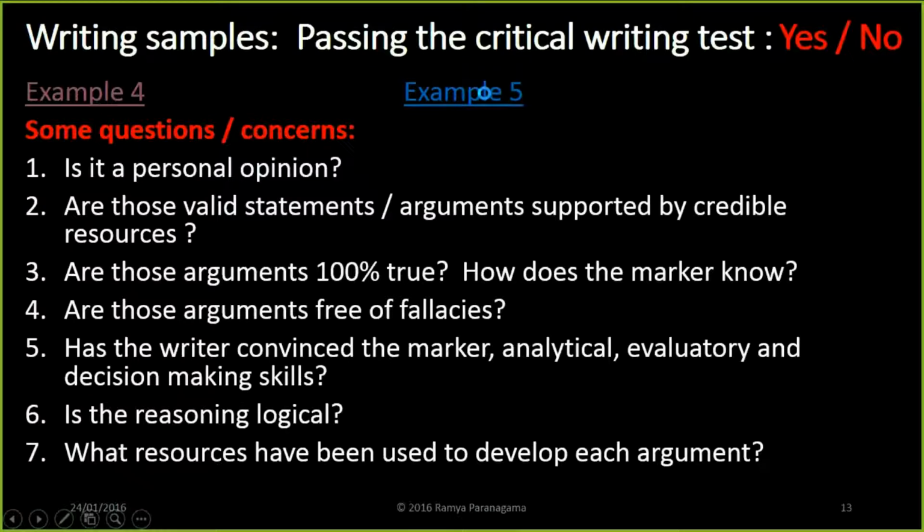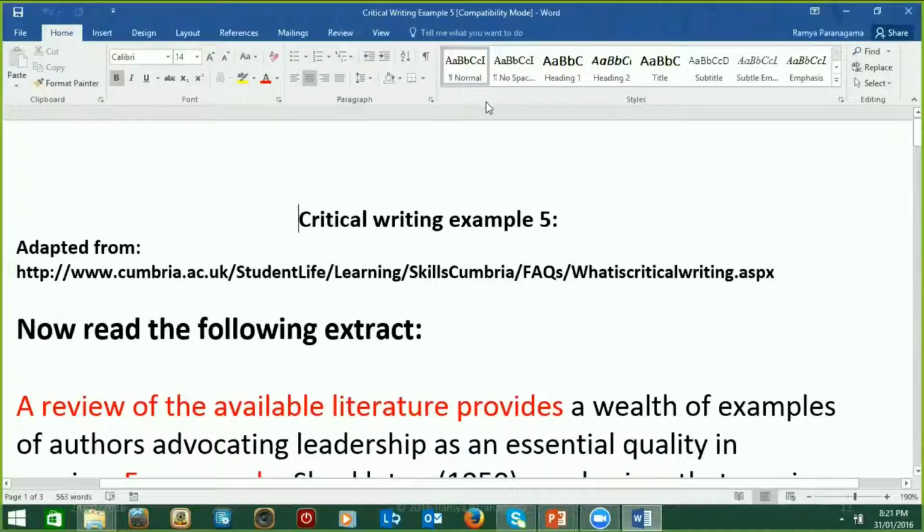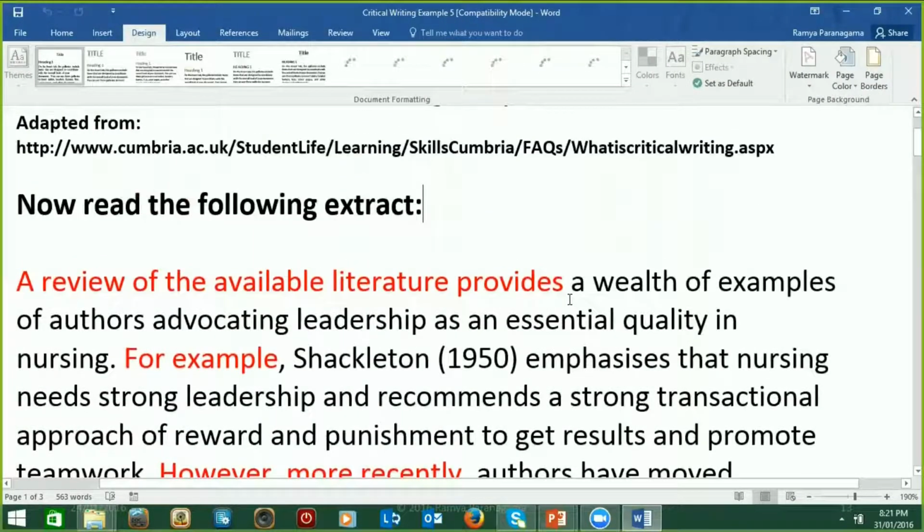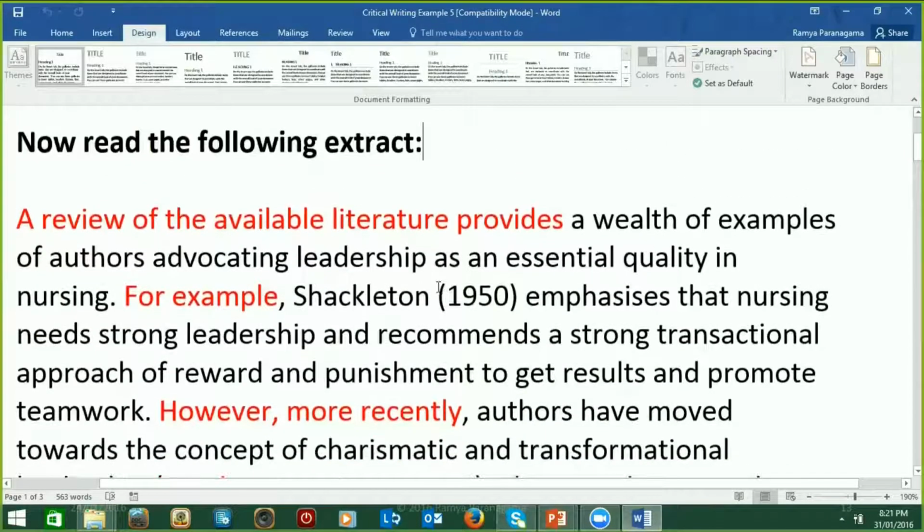Then we'll see whether this one works. Now, look here. This is also about leadership. The writer starts with an umbrella sentence: a review of the available literature, meaning going through and reading papers, provides a wealth of examples of authors advocating leadership as an essential quality in nursing.